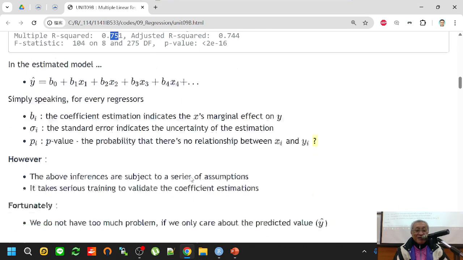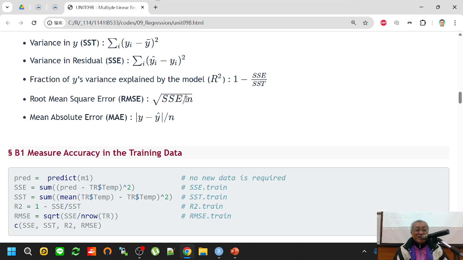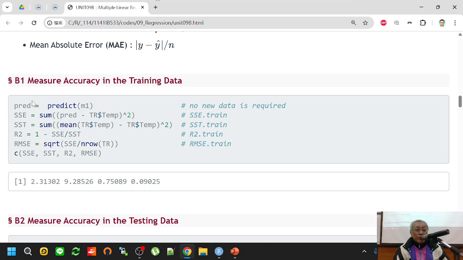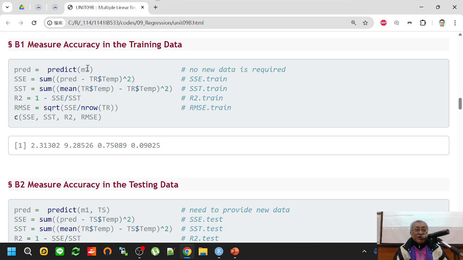And let's take a look at how it works. Let's do some calculation. So first of all, we can measure the accuracy on the training data. If we want to do the prediction of the training data, we don't need to give it any new data set. The data set is already in the model.